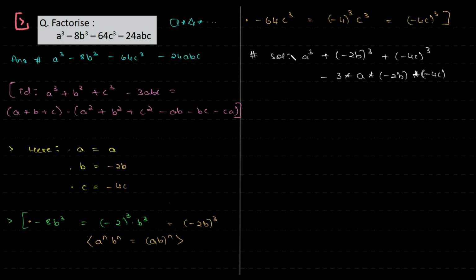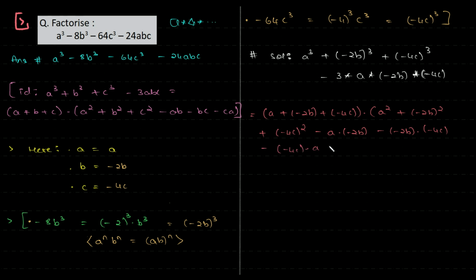Since we have this expression mapping, we can write it as a product of a plus b plus c into a square plus b square plus c square minus a into b minus b into c minus c into a.